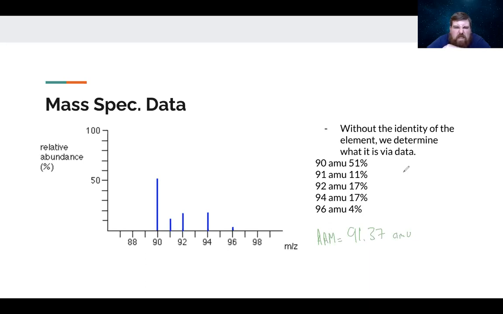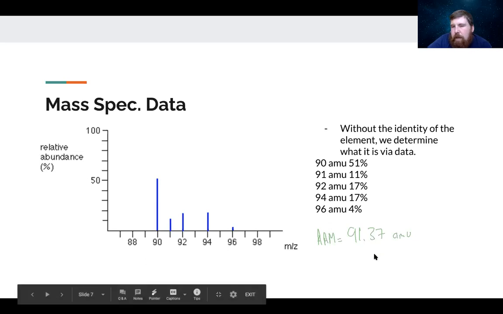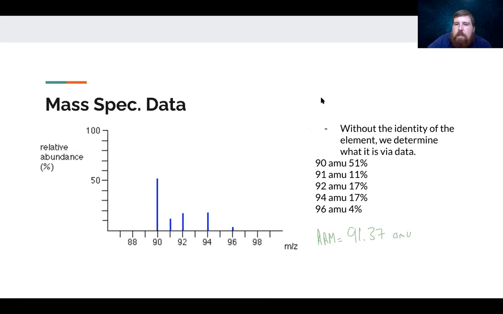There we go. That's a good one. Looks like it's going to be zirconium. It's closest to Zr, zirconium, which has a molar mass of 91.22. And because I so haphazardly figured out the percentages here, we're going to get a little bit of a range from the true value. And that's fine. That's absolutely okay. Remember, estimation is part of the game when it comes to taking measurements in chemistry.